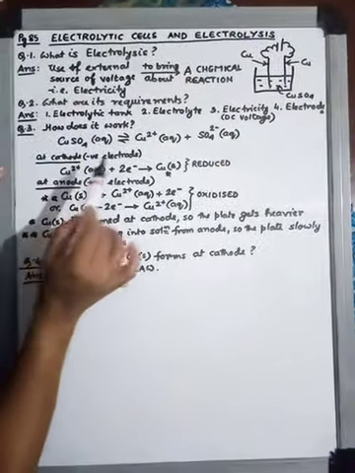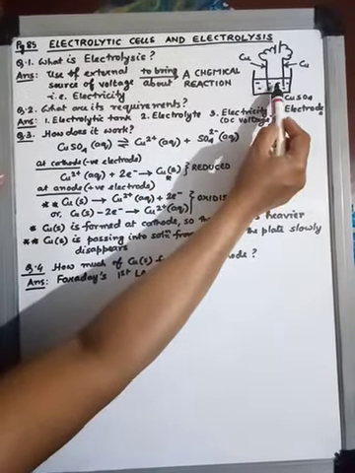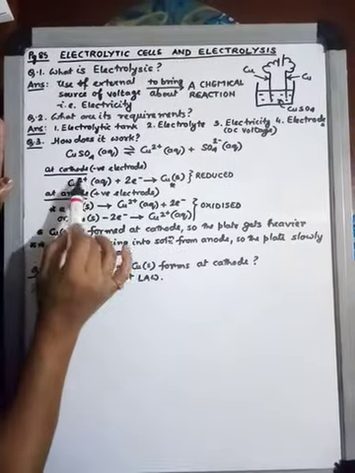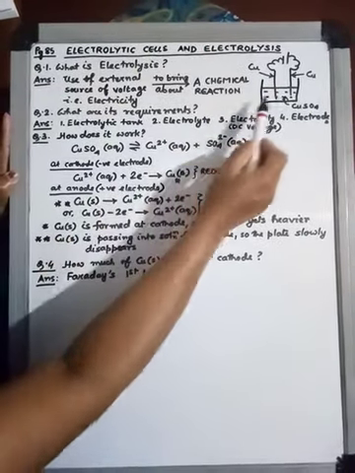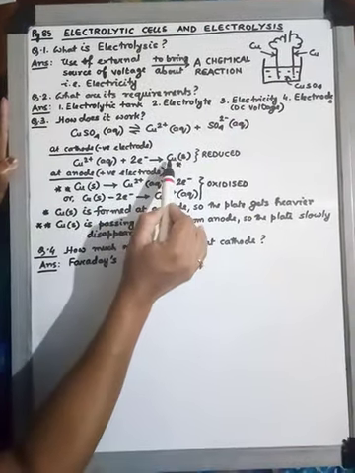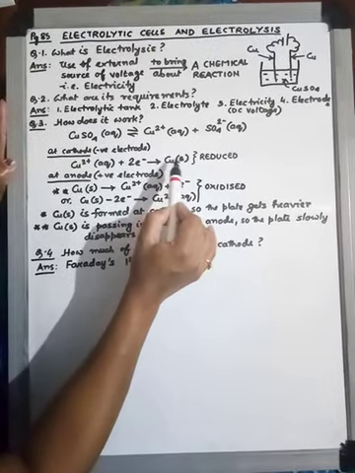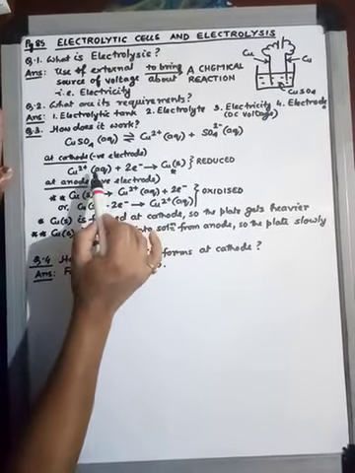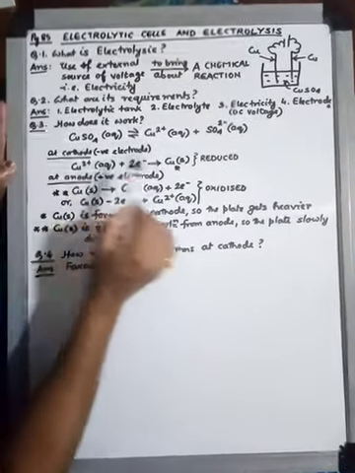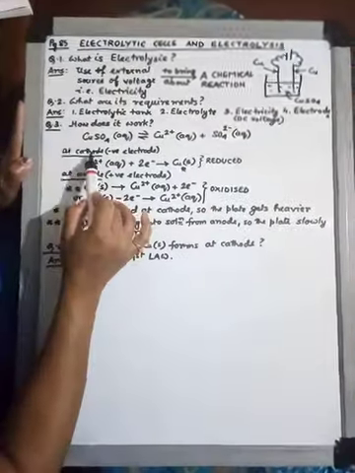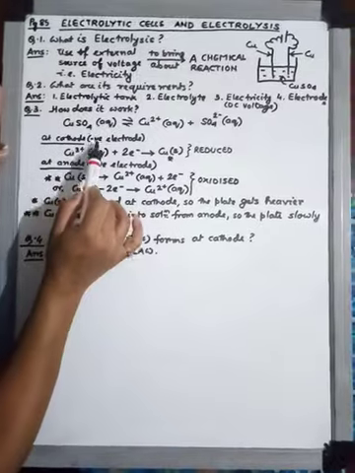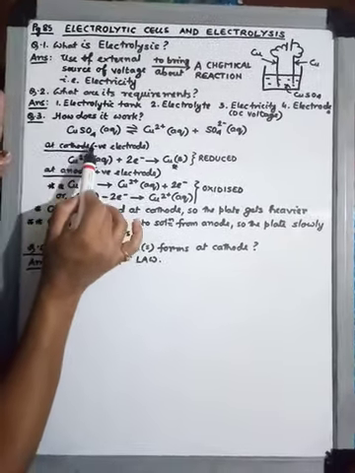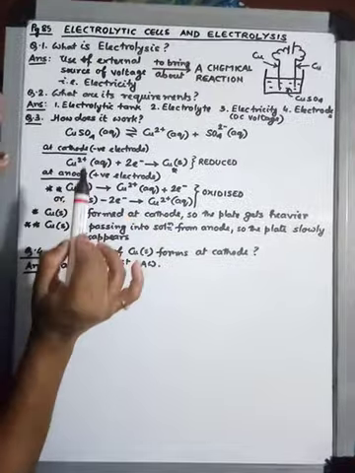Cu2+ aqueous, whatever Cu2+ from copper sulfate has dissociated, will pick up 2 electrons and be converted to copper solid. Since we are adding 2 electrons, this is reduction. So we say that Cu2+ is reduced at the cathode. And the cathode, mind you, is the negative electrode. So Cu2+ being positive will move towards the negative electrode.